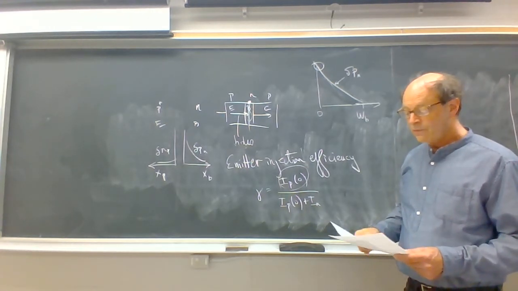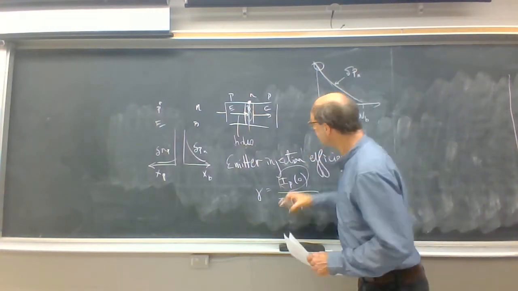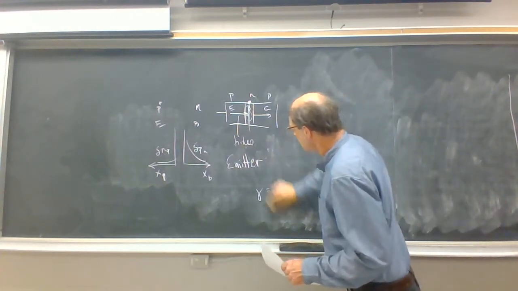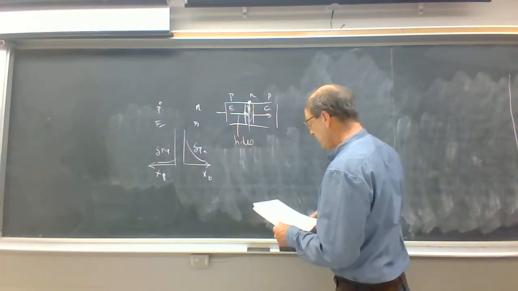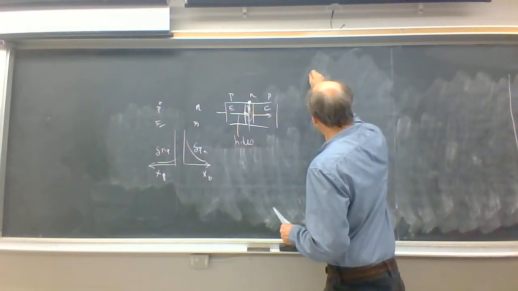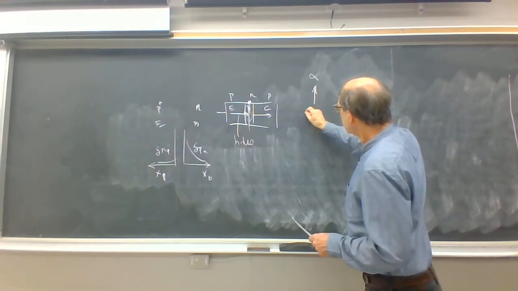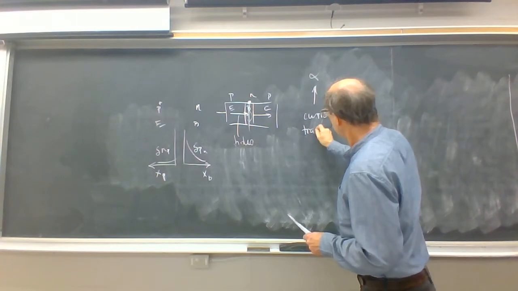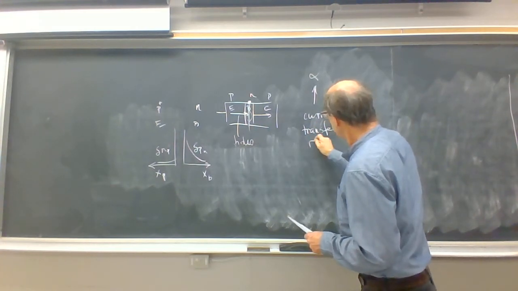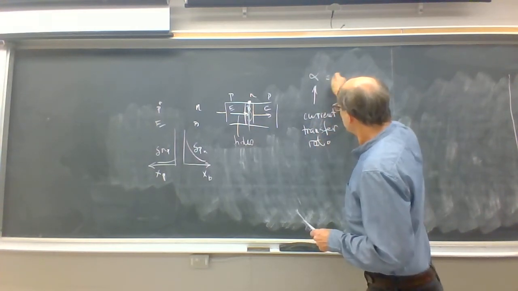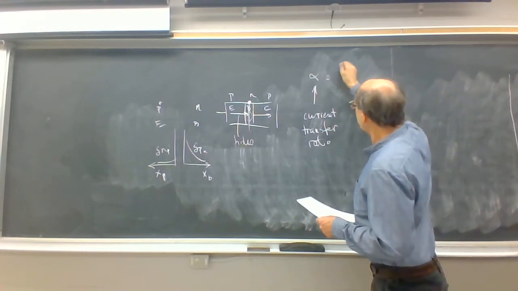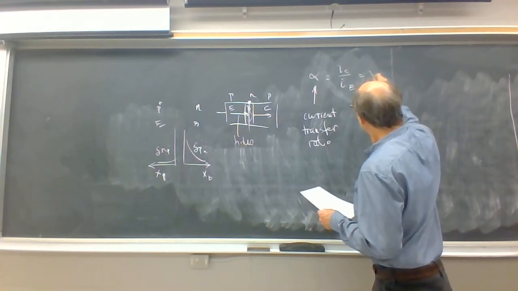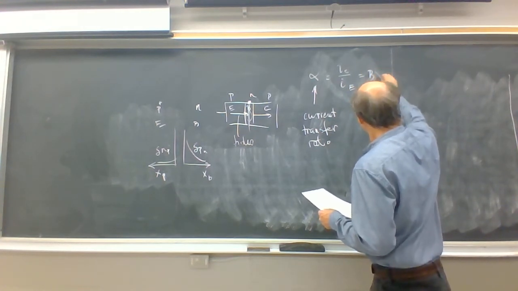So we actually define a new parameter, alpha, which we call the current transfer ratio, and that value of alpha equals IC over IE, and it's defined as B times gamma.